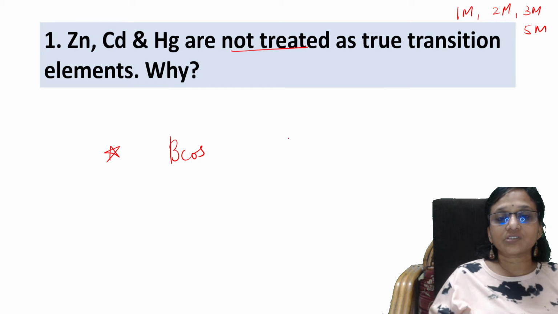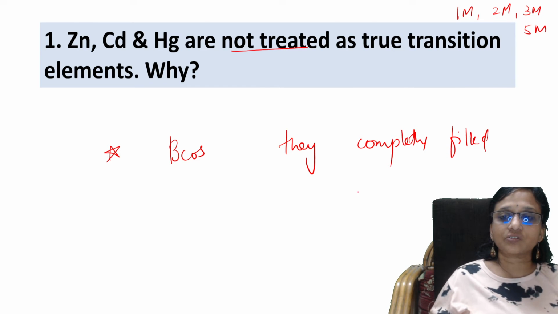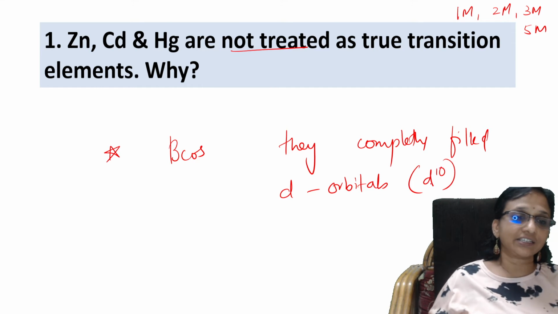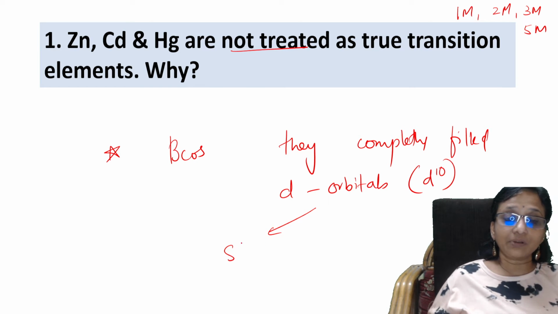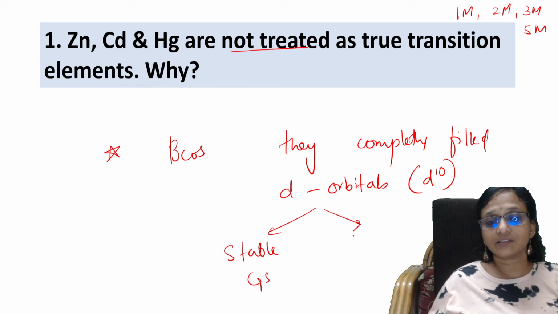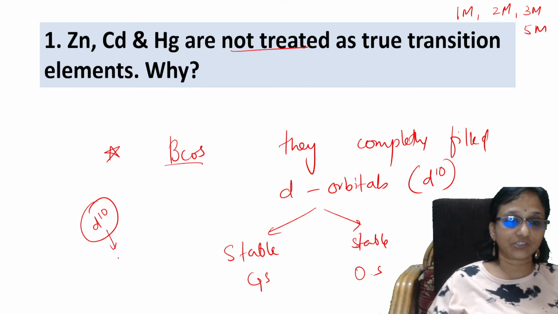Yes, because they have completely filled d orbitals, a d10 configuration, in their ground state as well as in the stable oxidation state. So whichever has a d10 configuration is considered not a transition element.